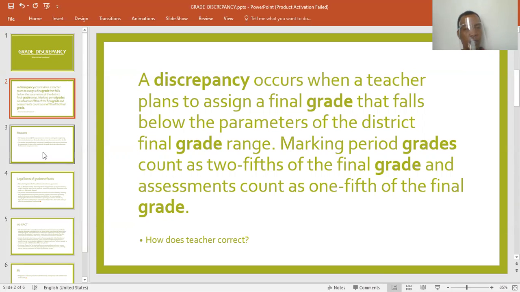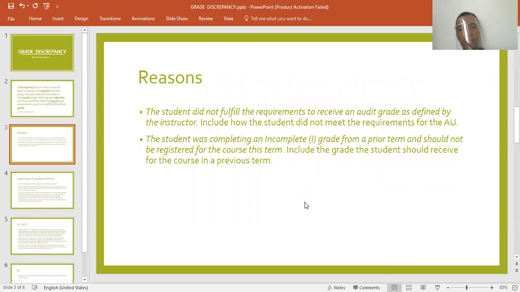honors. Next, what is the reason behind why this scenario happened? The student did not fulfill the requirements to receive, when you say audit grade, that is the final grade. Include how the student did not meet the requirements for that particular period.